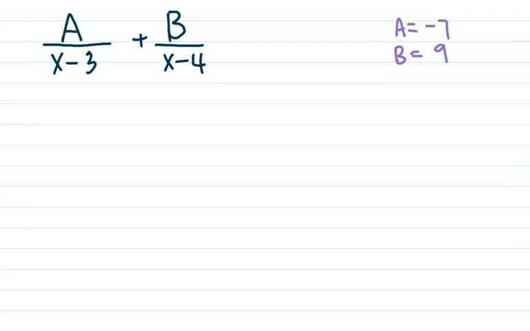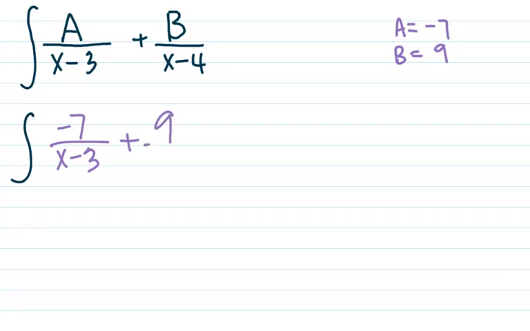So this we're now going to integrate, and we're going to substitute in our values. So we're going to have the integral of negative 7 over x minus 3 plus 9 over x minus 4, and since we're integrating, we're going to put our dx there.